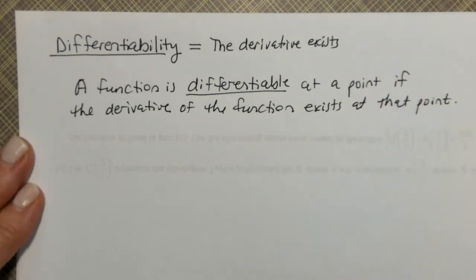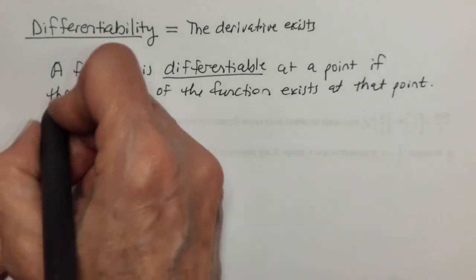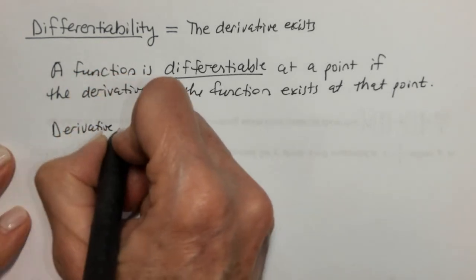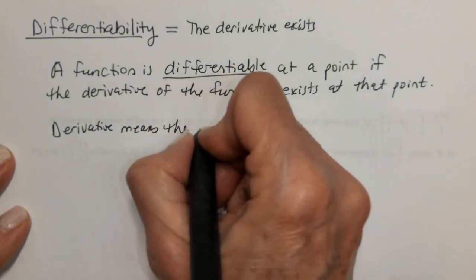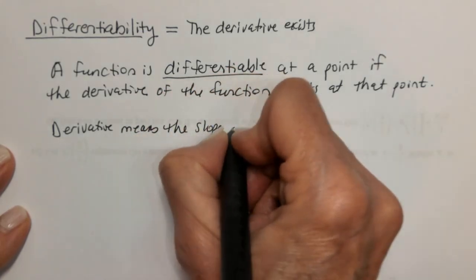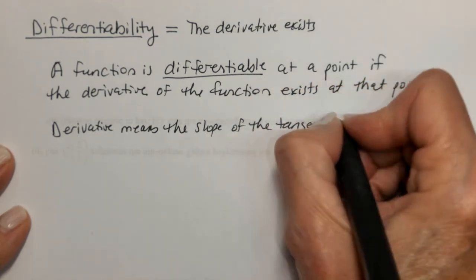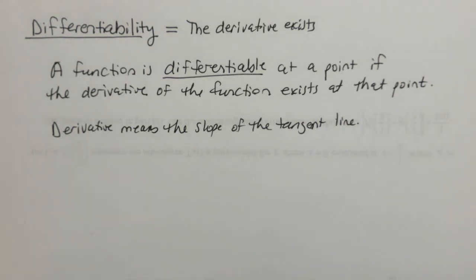So you might be thinking, what do you mean? Doesn't the derivative always exist? And the derivative does not always exist. Remember that derivative means the slope of the tangent line. So for one thing, what would make the slope of the tangent line not exist?